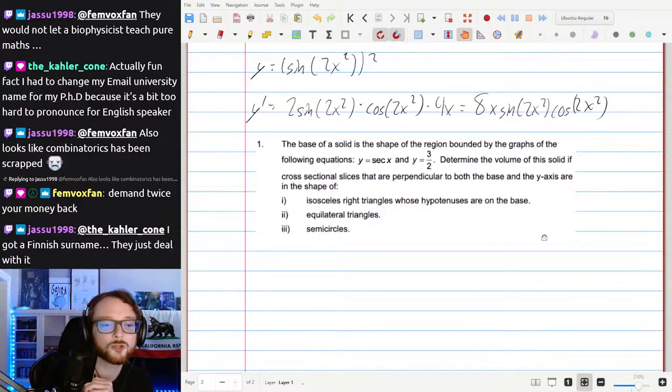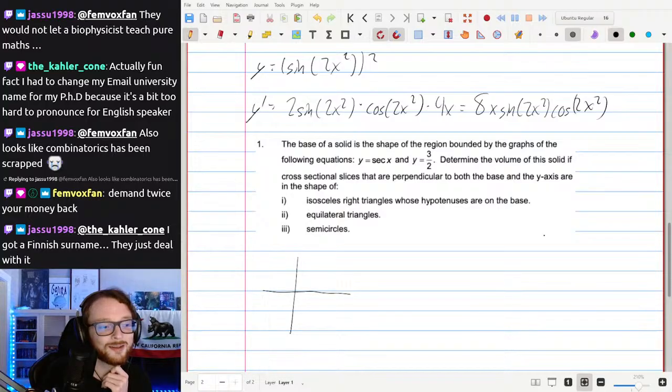Now, they really should have given us a restriction on the domain here. Because the question as it's written, like, infinity, infinity, infinity, because secant is periodic. Well, actually, not even that.